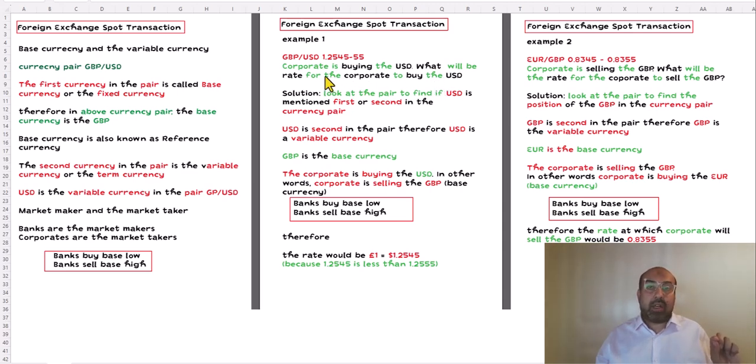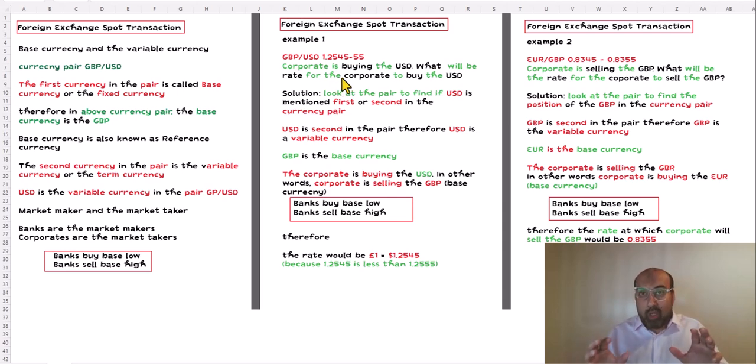If you look at the currency pair, US dollar is mentioned second. Therefore, US dollar is a variable currency. Corporate is buying the variable currency. In other words, corporate is selling the base currency.